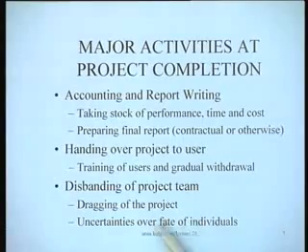So, as far as the uncertainties over fate of individuals is concerned, to some extent the matrix organization tries to remove a part of the uncertainty, because if you are coming from a matrix organization, the individual knows exactly that this is the place I have to go back.